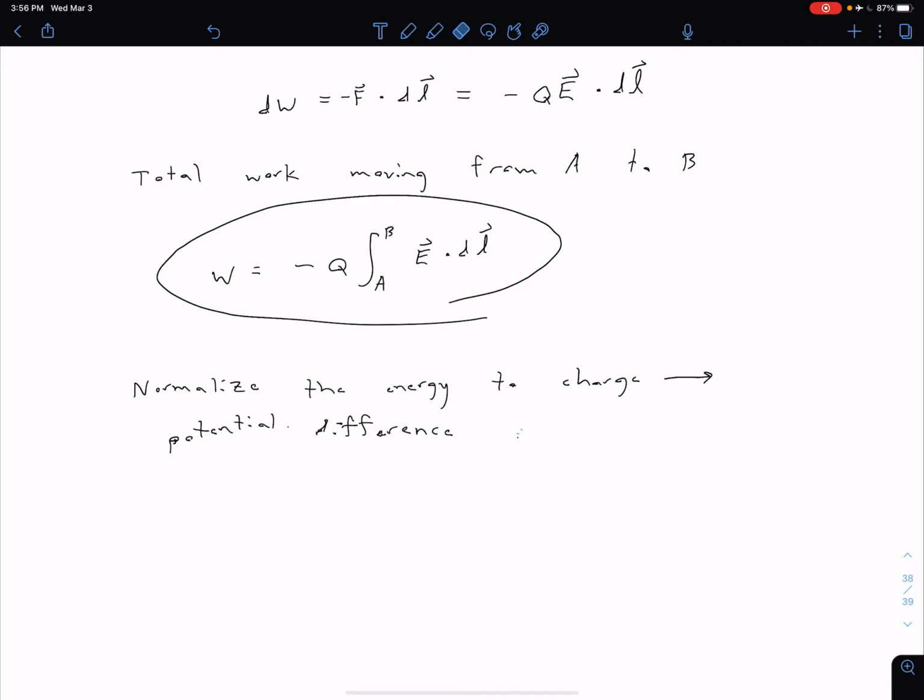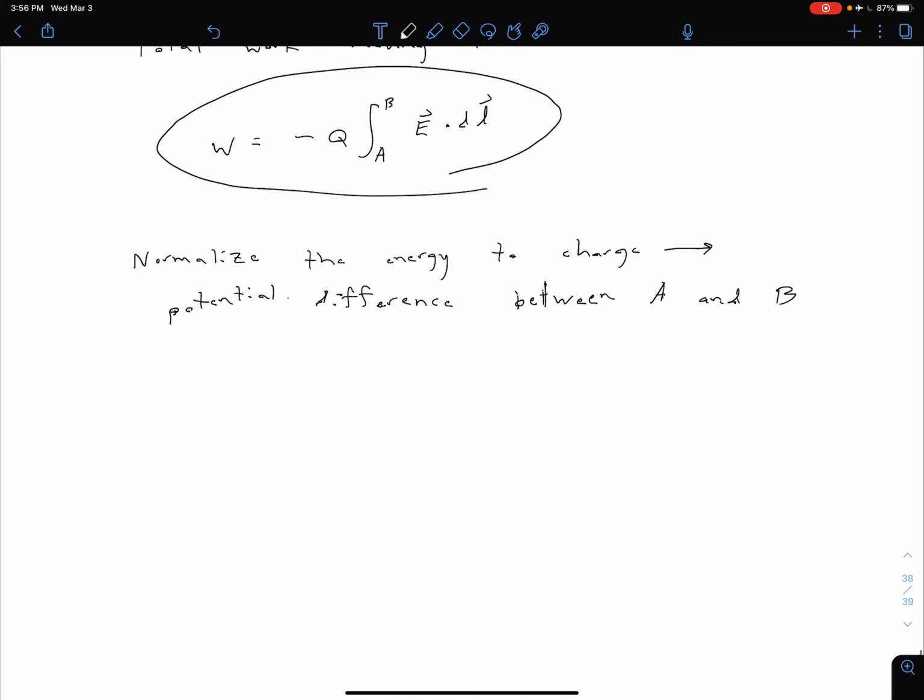So the potential difference between A and B. By normalizing that, all we do is divide W by Q. So we would have VAB is equal to W divided by Q, which is just going to be equal to negative the integral from A to B of E dot dl.